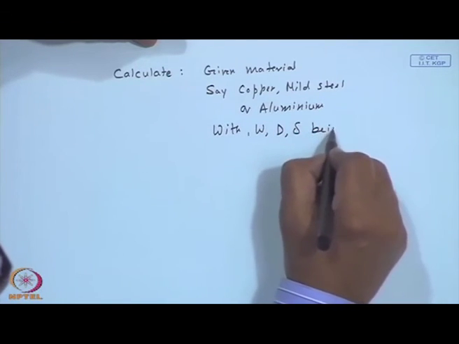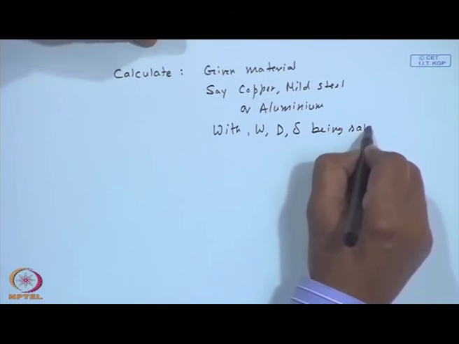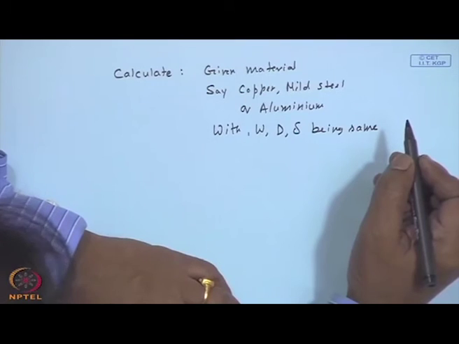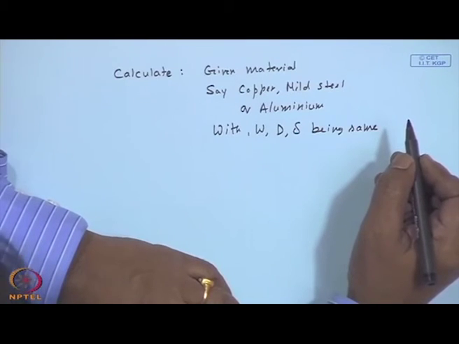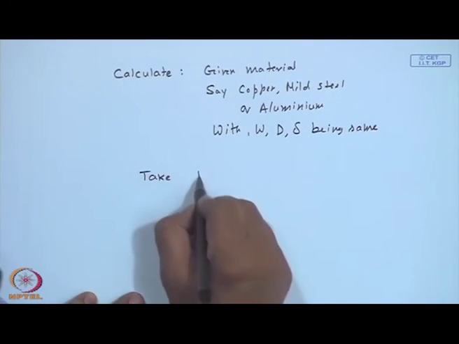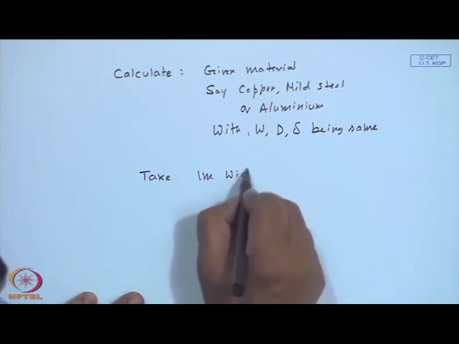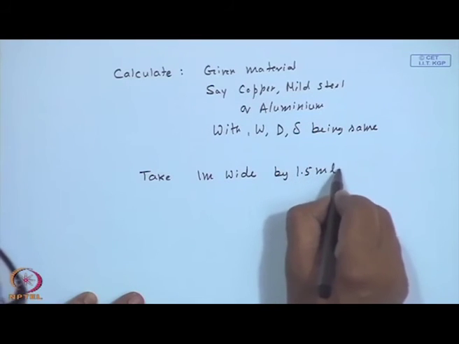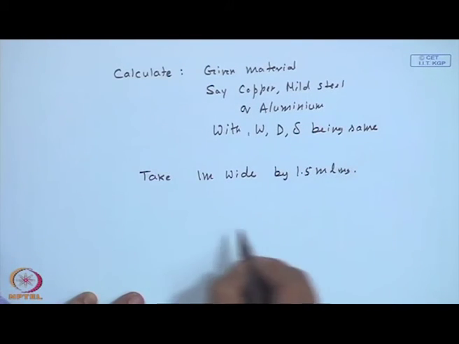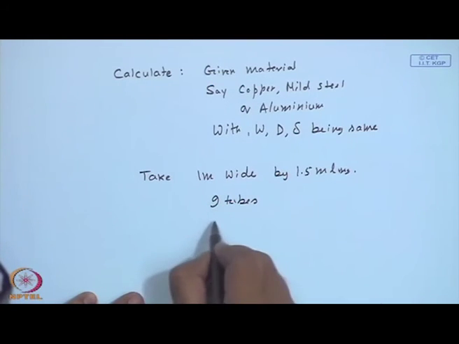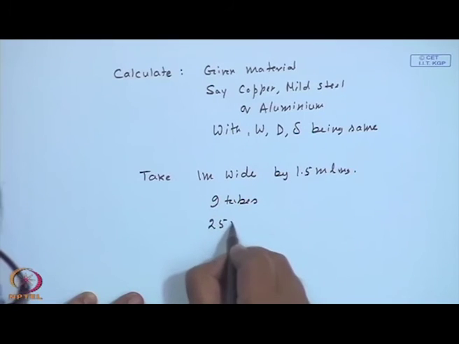One of the ideas is you go through any typical book. Of course, we shall solve the problems. You can typically take 1 meter wide by 1.5 meters long, and 9 tubes, let us say 25 mm diameter.